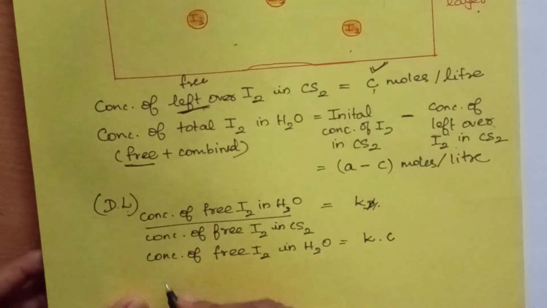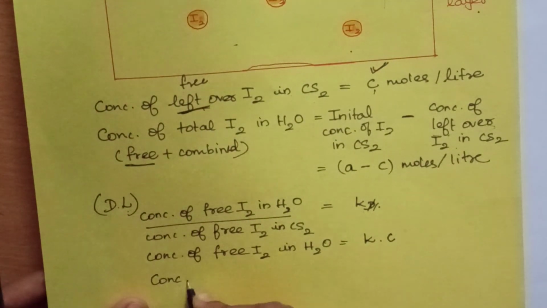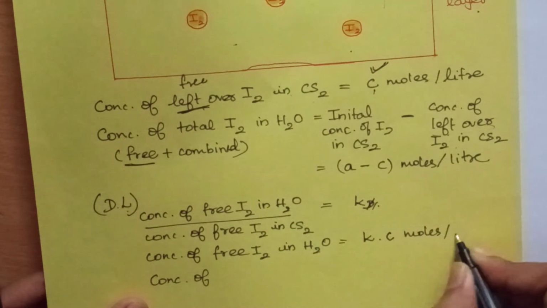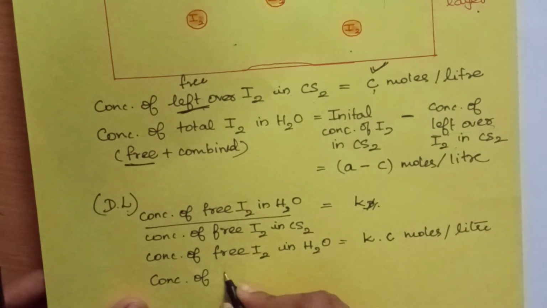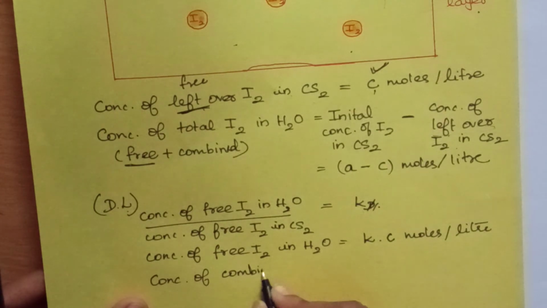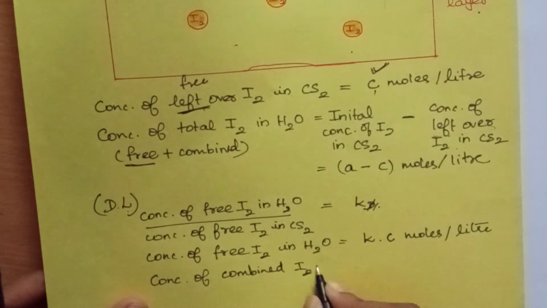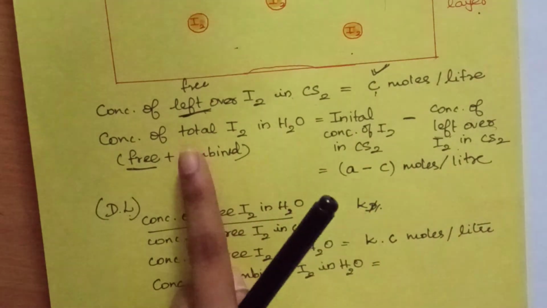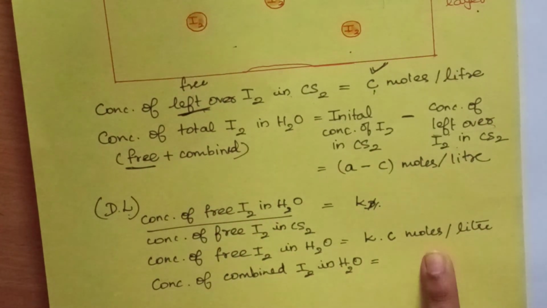Then we can say the concentration of combined iodine in water, in moles per liter, is total minus free.